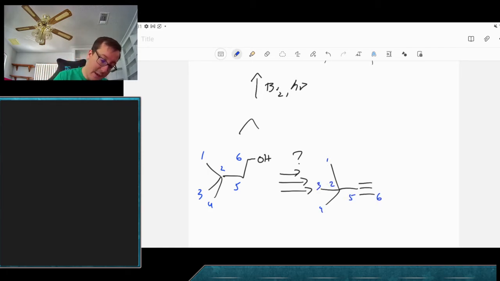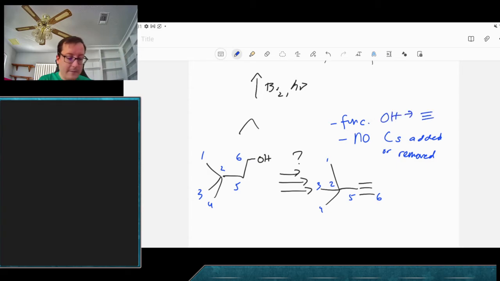So we have no carbons added or removed. And our functional group has gone from an alcohol to an alkyne. That's what's happened in this reaction.